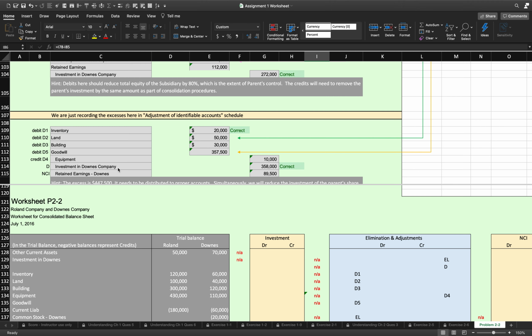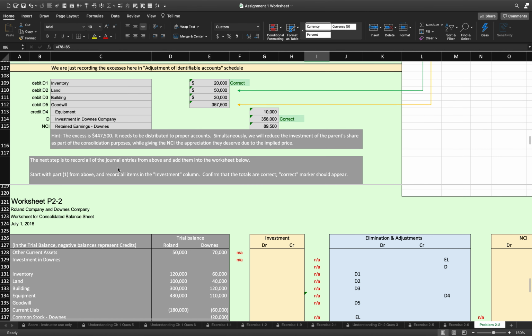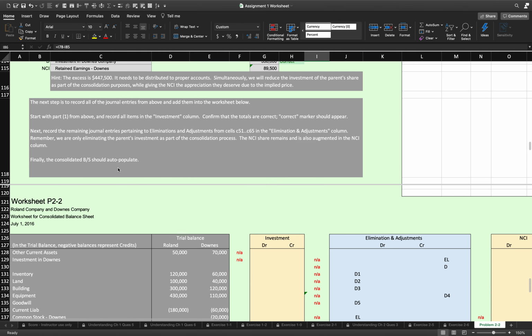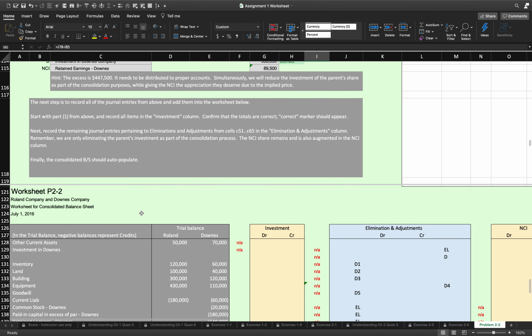And finally, we've also ensured that the non-controlling interest's retained earnings increased by the excess that the parent had paid. The next step is to record this in a worksheet below. And I know it sounds a bit daunting and difficult, but as you go through it, I'm sure you'll realize it's not rocket science, and something you can handle.